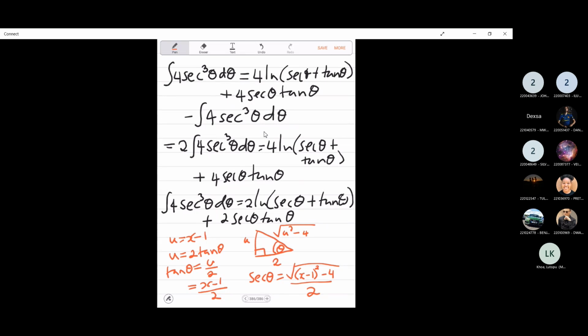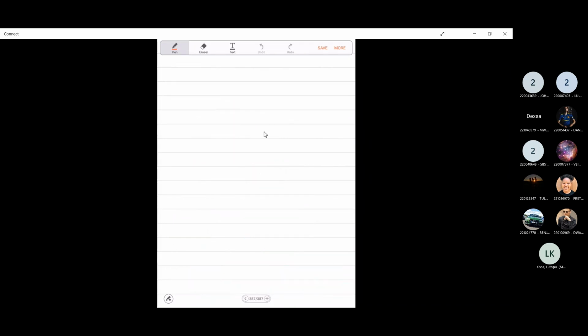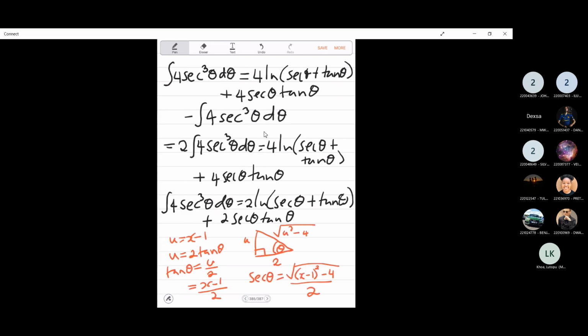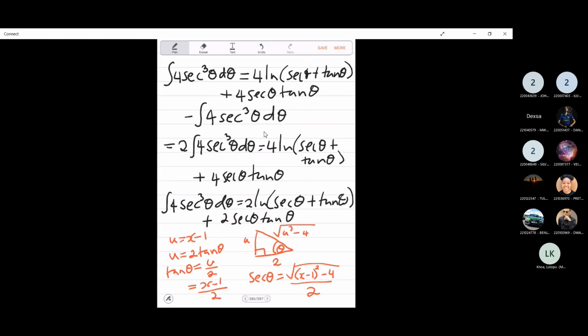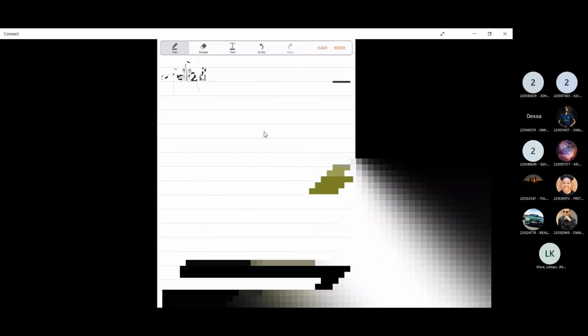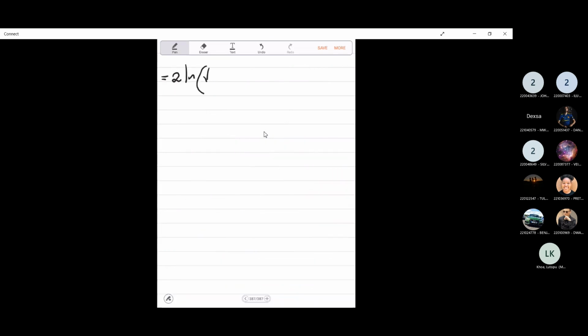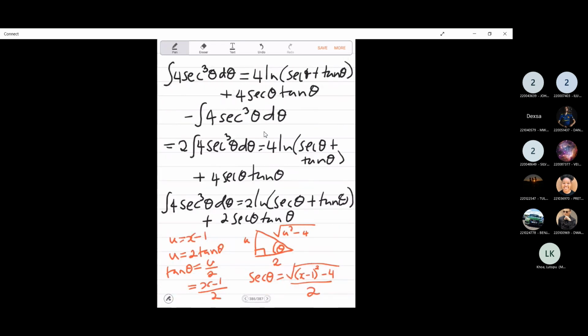So doing that, we have 2 times ln of sec theta. Okay, so sec theta we said is the square root of x minus 1 squared minus 4, the whole thing over 2, and then plus tan theta, which is x minus 1 over 2.